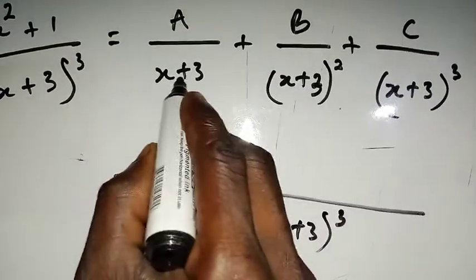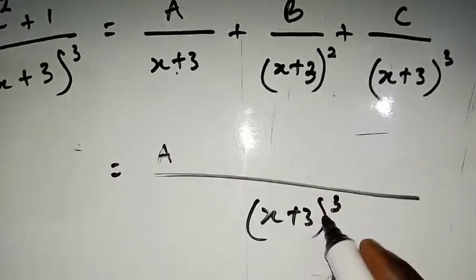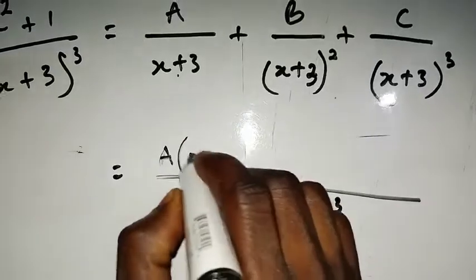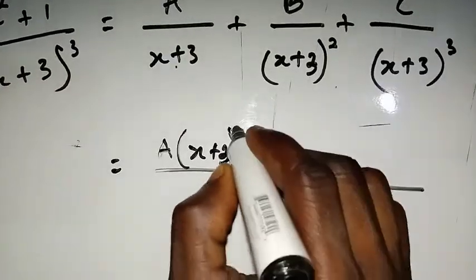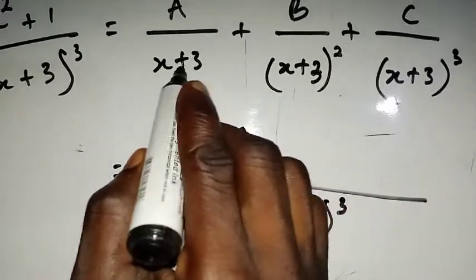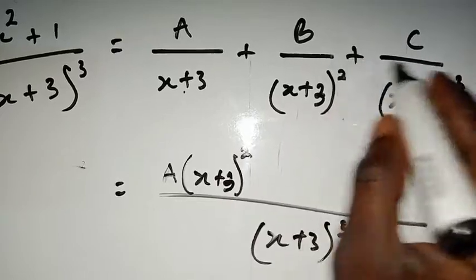If we take (s + 3) out of (s + 3) cubed, we are left with (s + 3) exponent 2, right? Meaning that we are taking one of these factors out. So here you can imagine what you are going to get for the rest of this portion.